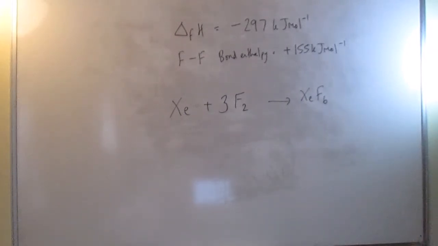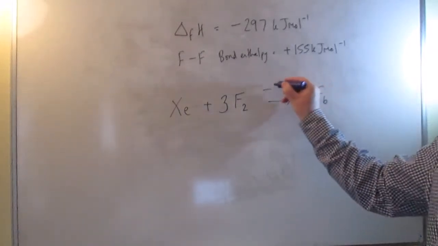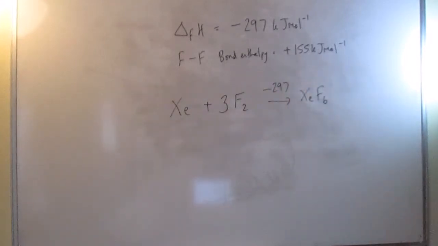Now bond enthalpies, so that's minus 297. Now bond enthalpies are the enthalpy changes when you break 1 mole of bonds.